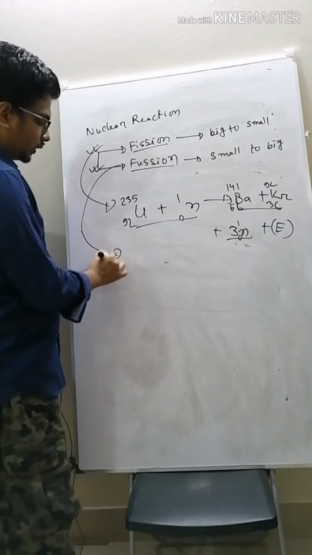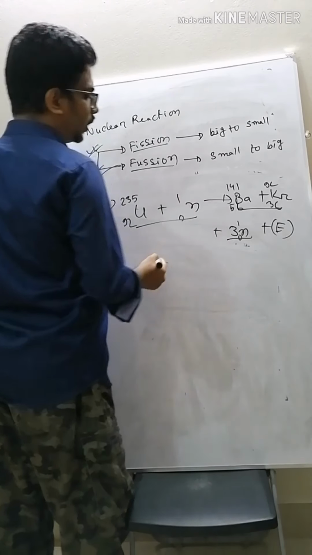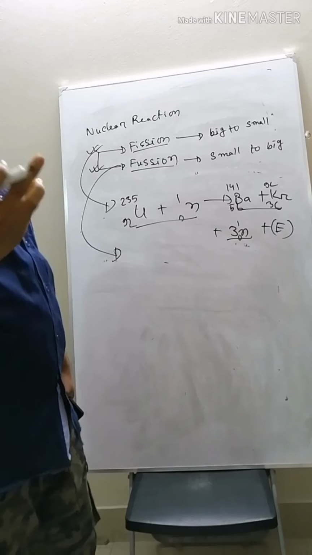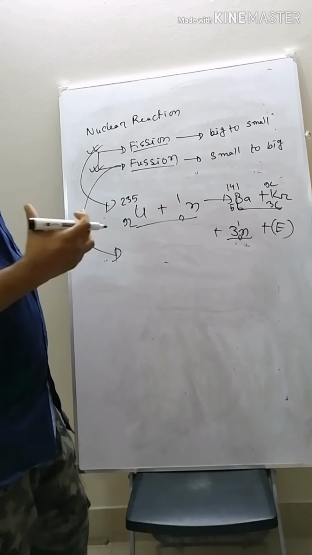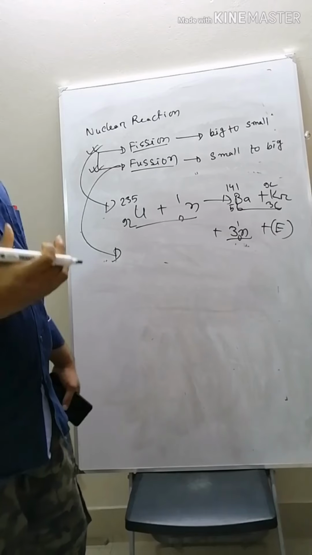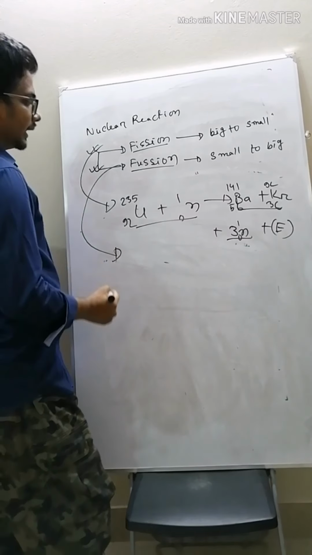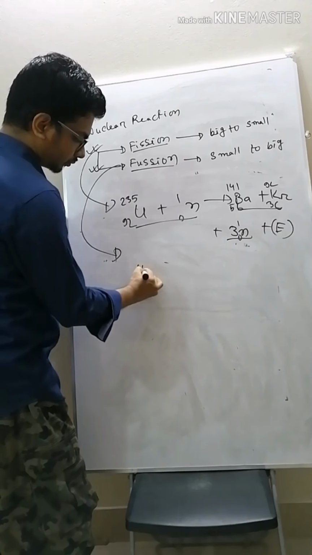And in fusion reaction, a small molecule or a small atom will produce a bigger atom and release a huge amount of energy. The reaction is given below.